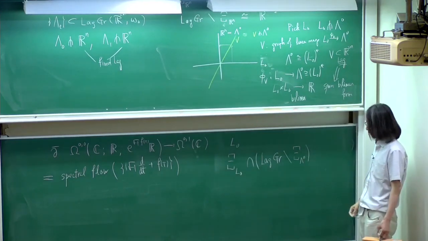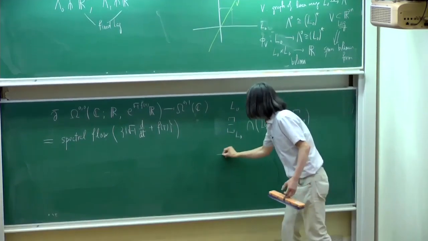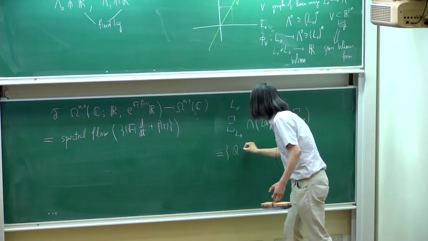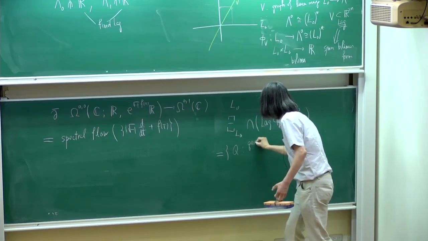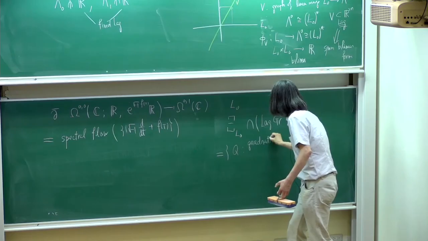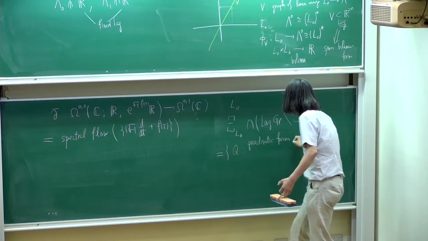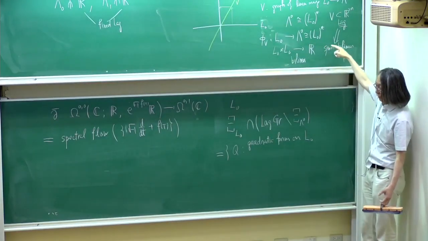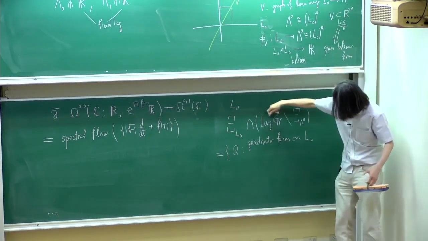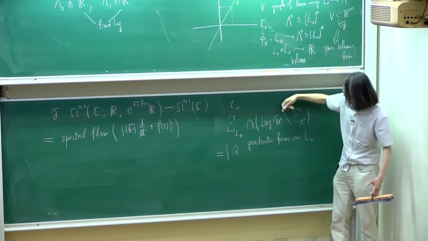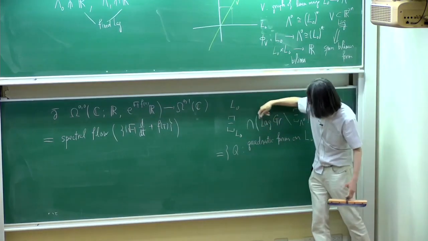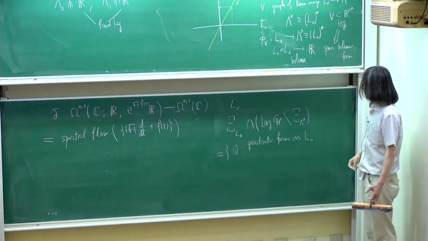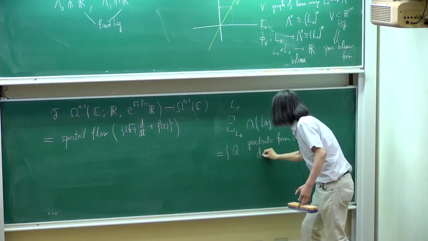So what is it? This one, we can consider as a quadratic form on L0 because of this argument. Next, this implies that it is in one-to-one correspondence with quadratic forms on L0, and then it is actually degenerate.